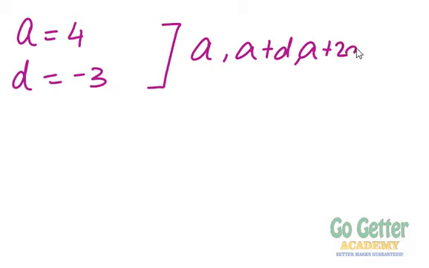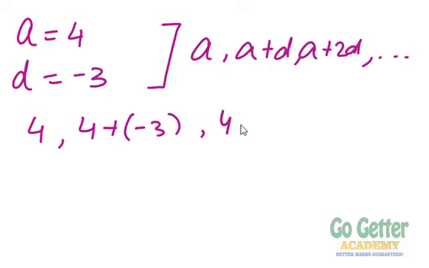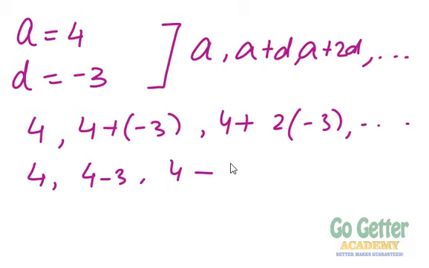So if the first term is 4 and common difference is -3, I'll write 4, comma, 4 plus -3, comma, 4 plus 2 times -3, and so on. So this is going to become 4, comma, 4 minus 3, comma, 4 minus 6, and so on. So ultimately this AP is going to become 4, comma, 1, comma, -2, and so on.